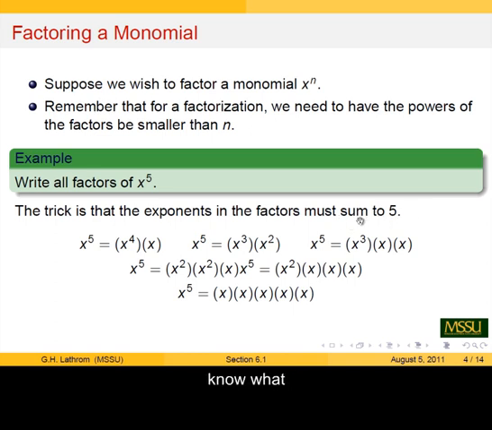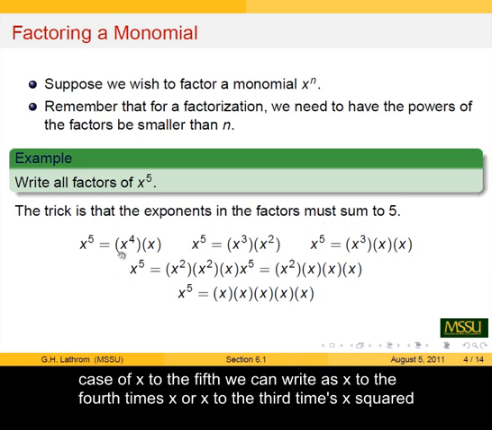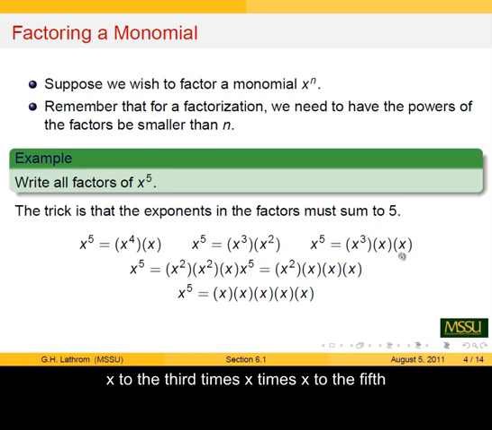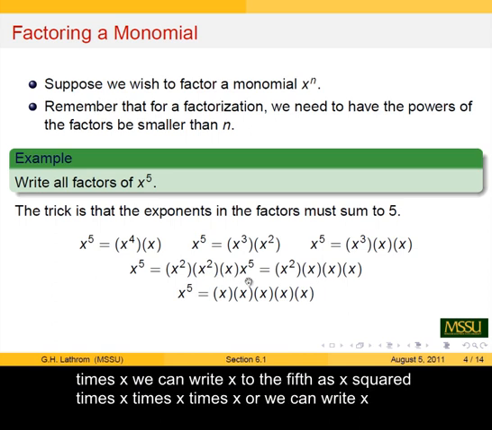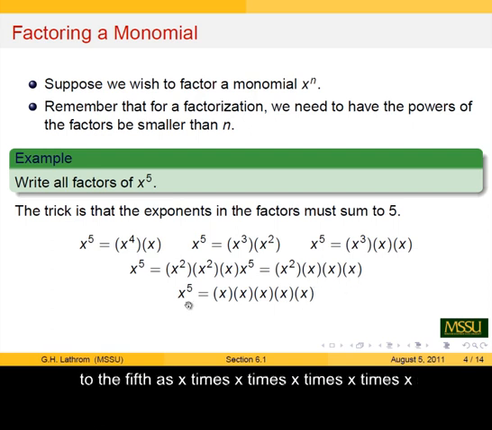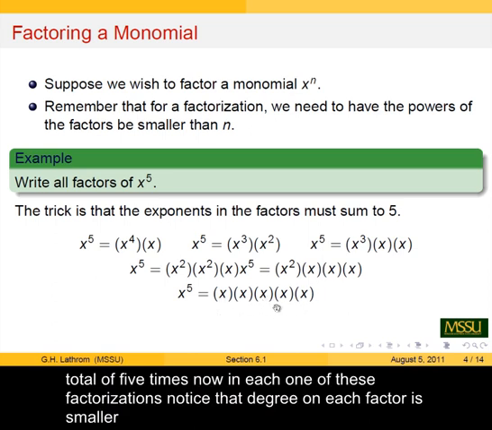Now, what property of exponents is actually being used there? Okay, so x to the 5th, we can write as x to the 4th times x, x to the 3rd times x squared, x to the 3rd times x times x, x squared times x squared times x, or x squared times x times x times x, or we can write x to the 5th as x times x times x times x times x, a total of 5 times.